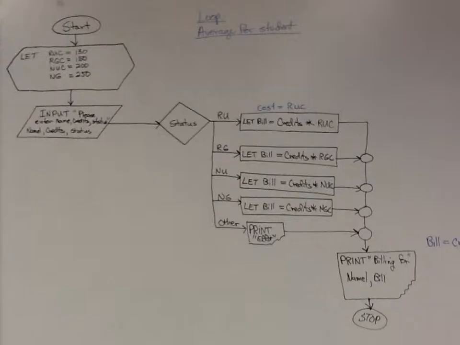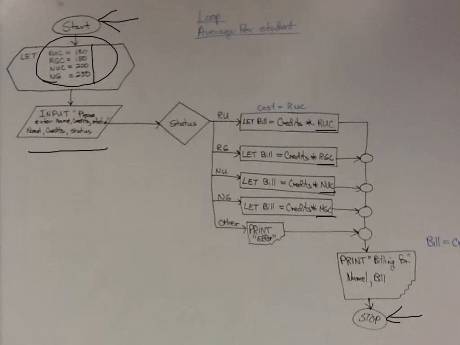Next page, we created a case structure. We used an initialization box to represent all of those costs. They're over here. So we assign the values right here. Of course, we have our start box and our stop box. We input their name, credits, and status.